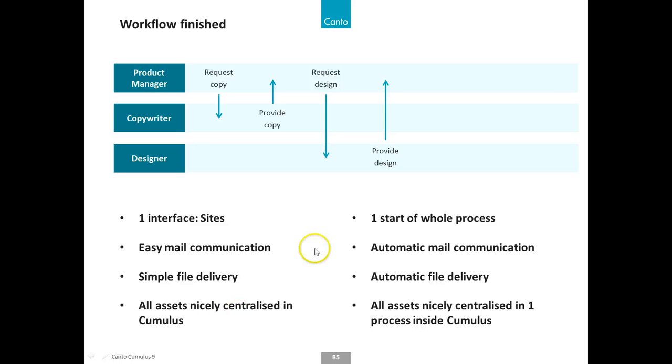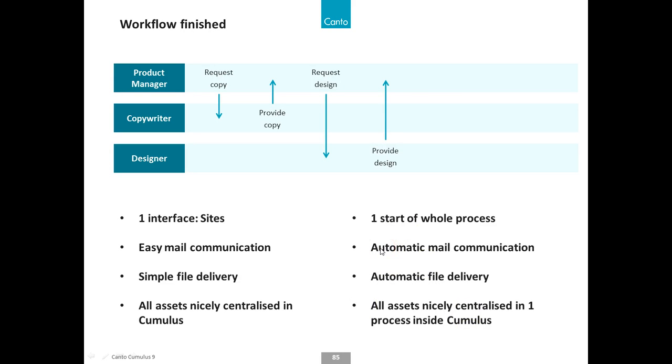But the advantage with Workflow Manager was that you had one start of the whole process, not the product manager in between every step, having to find the files again, putting them together, putting them in the basket, mailing the basket. All that is taken care of by Workflow Manager.